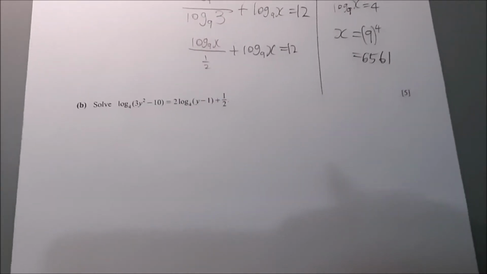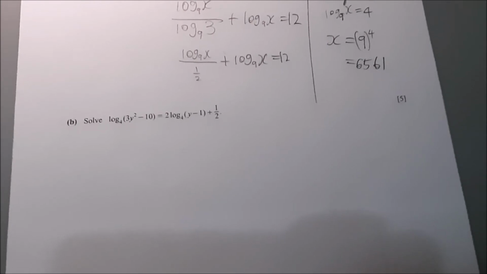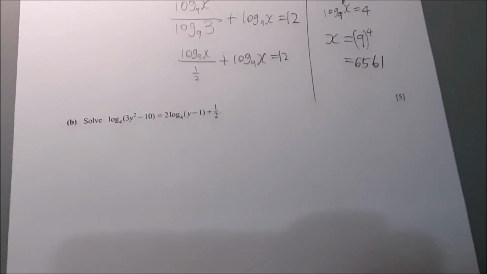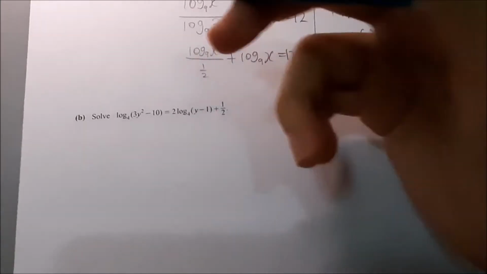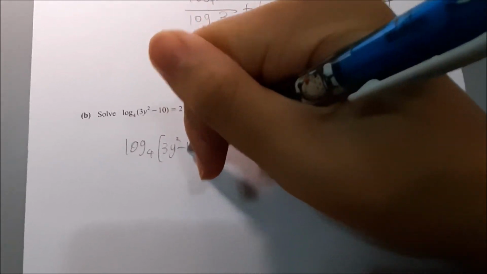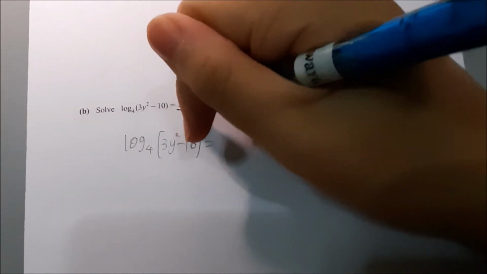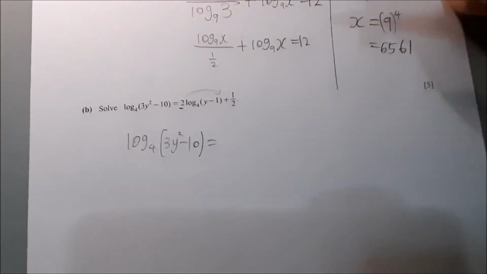B. Solve log 4 bracket 3y squared minus 10 bracket equals to 2 log base 4 bracket y minus 1 bracket plus half. So the first thing you have to do is this 2 right here, you can actually move it as a power to the log.